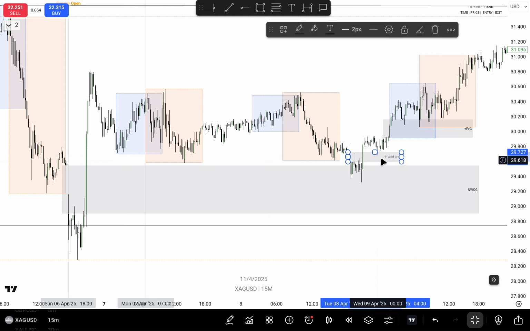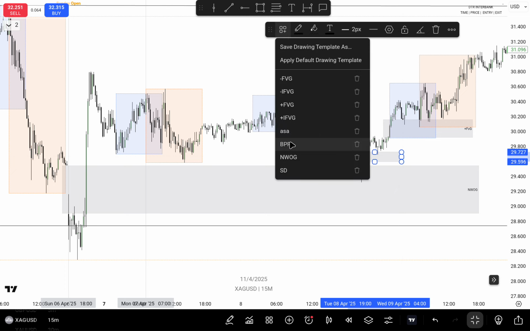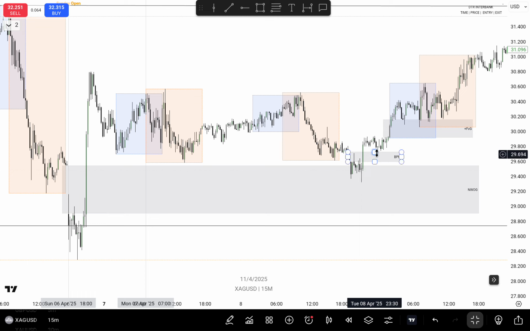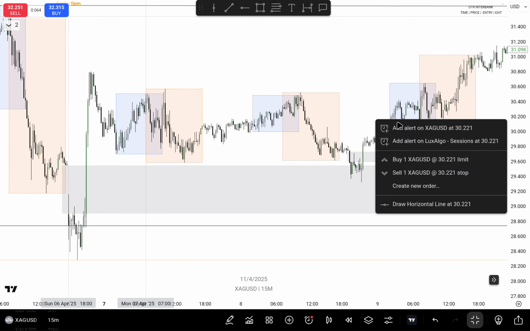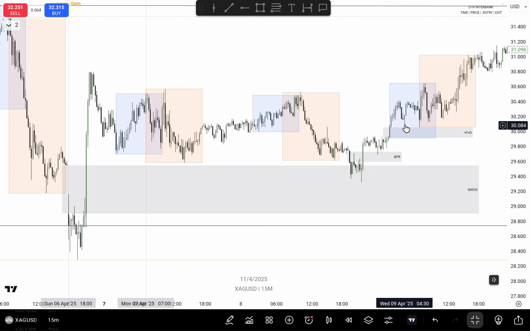We have a balanced price range, which is a BPR. Took a low right here.